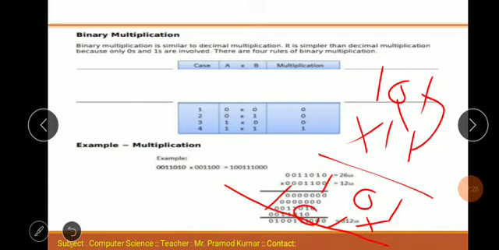Then after that you add it: 1 0 plus 1 1, 1 plus 0 1 and last one 1. This means you multiply 1 and 0 and after that you add as in the binary number system.